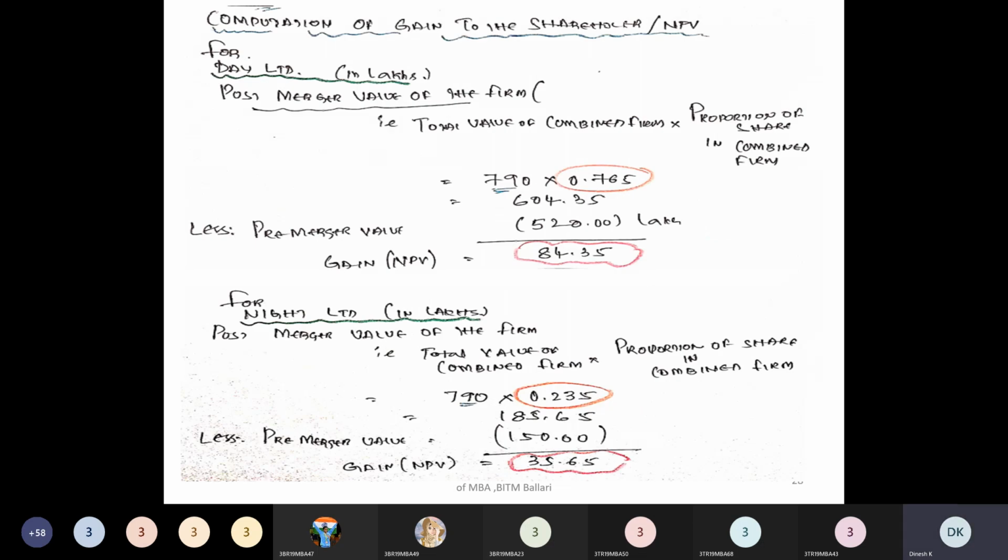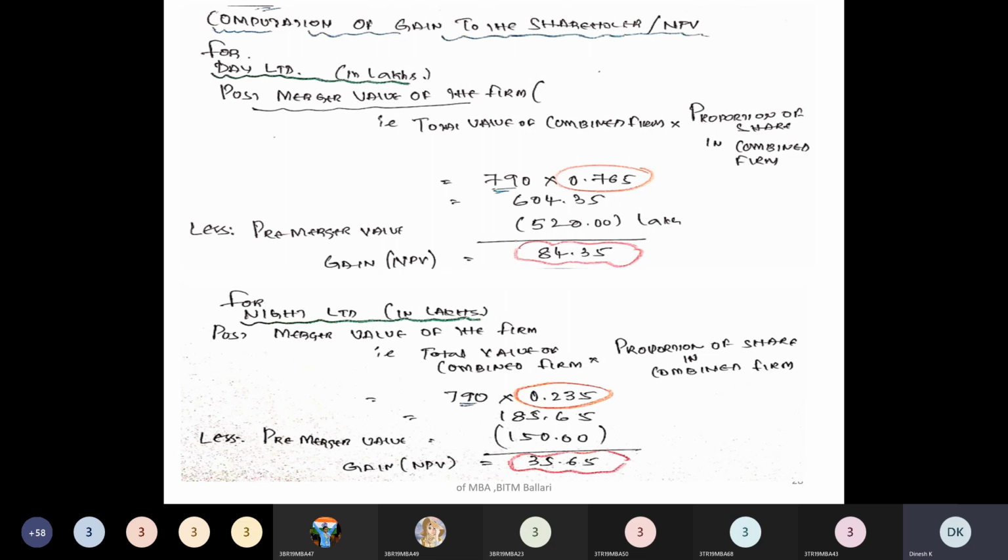Computation of gain to the shareholder, that is what we call NPV, right? For Day Limited, the acquiring company, the post-merger market value of the firm: as I said, we can calculate it by taking the number of shares, or we can take the total value of the combined firm multiplied by the proportion of shares. The total market value of the combined entity is 790 lakhs, which we have calculated, multiplied by the proportion of shares, 0.765.